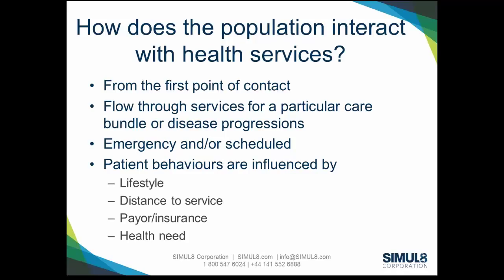And then what's the likely progression from that first point of contact through all of the services for a particular care bundle or disease progression, whether it's an emergency or a scheduled type of event. Most activity is managed in a primary care area. That's where the highest volume is, but the highest cost activity is handled within the hospital area.